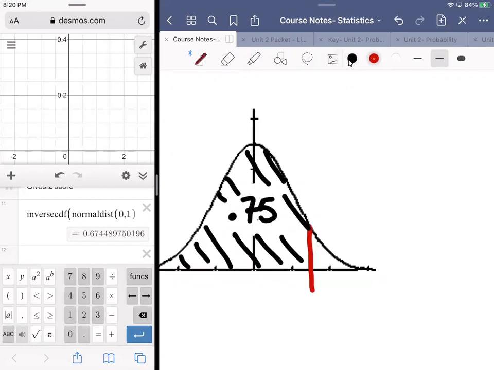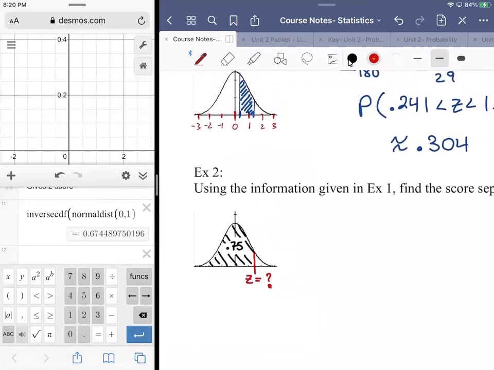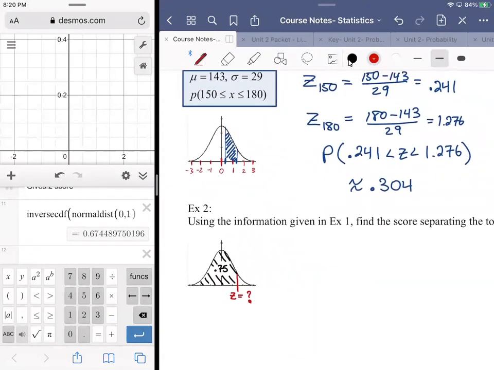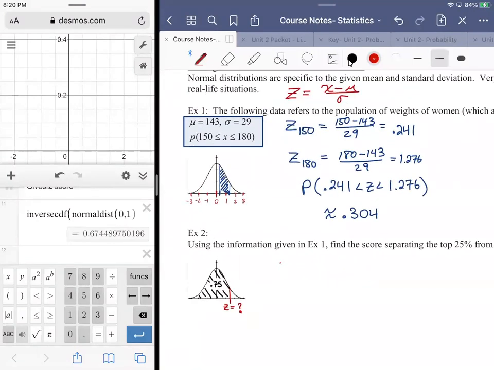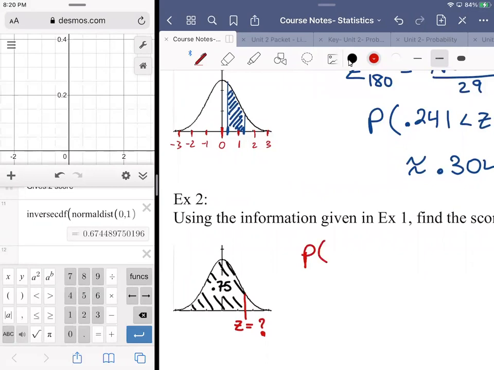Again, what I'm looking for is a z-score. All right, so first thing I would tackle is the probability z is less than some number. Don't know what that number is.